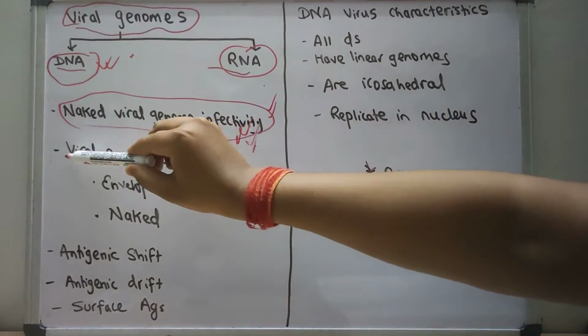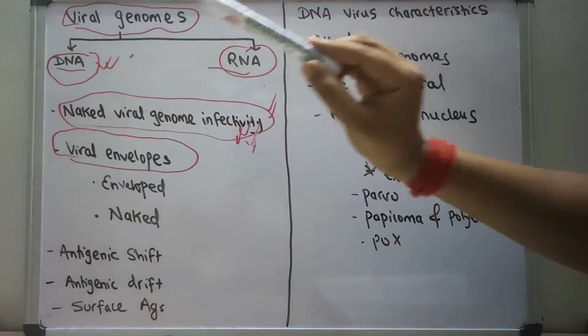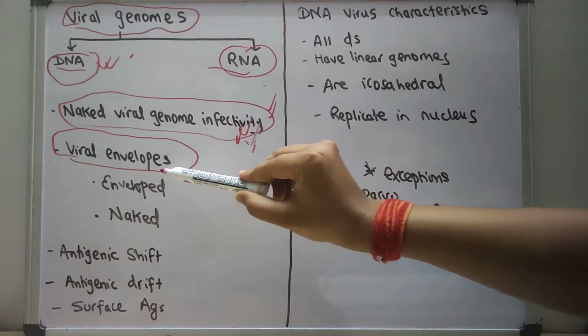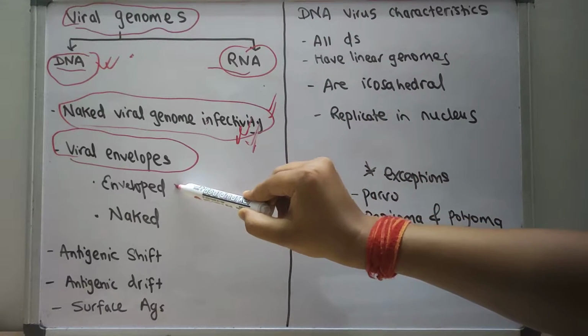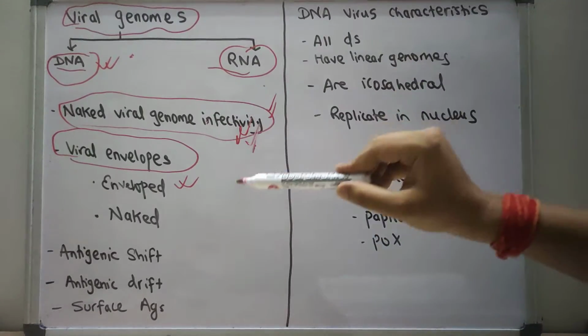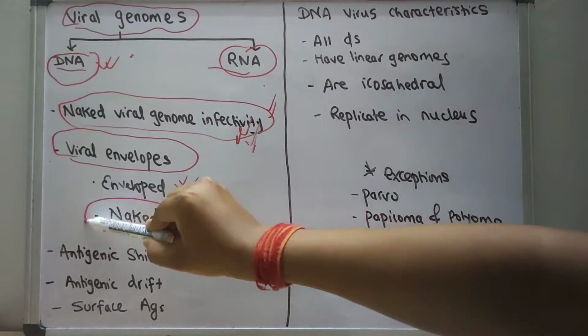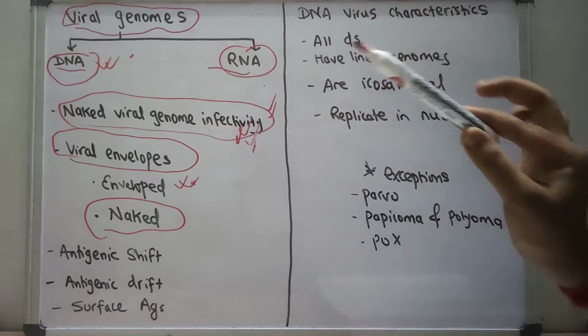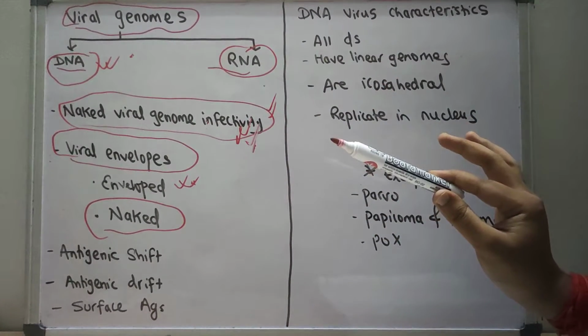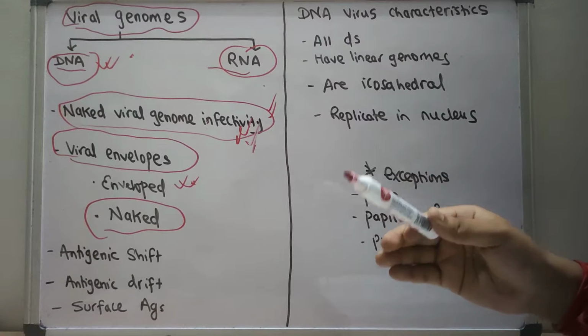Now let us talk about the viral envelopes. Those viruses which have envelopes are enveloped viruses, and those which don't have envelopes are known as naked viruses. Generally, enveloped viruses acquire their envelopes from the plasma membrane when they exit from the cell.